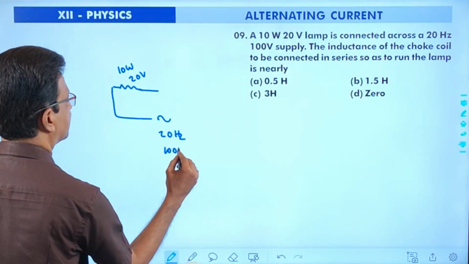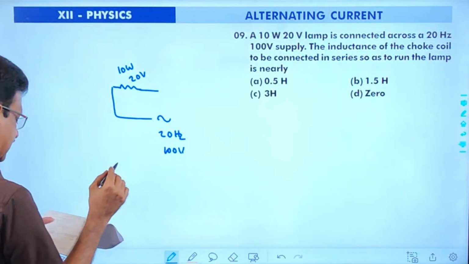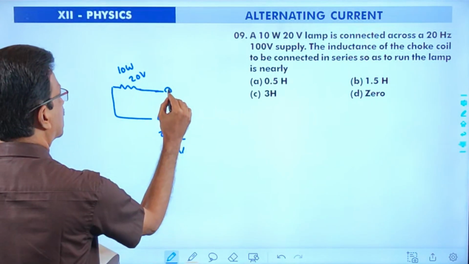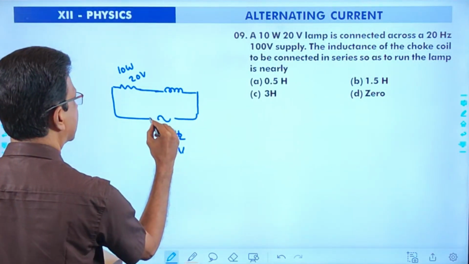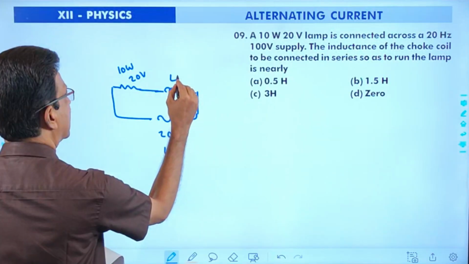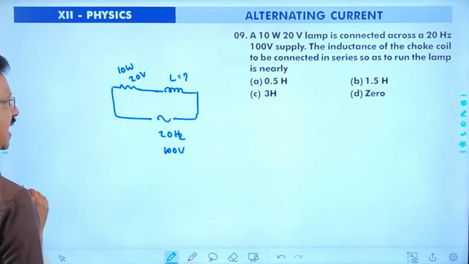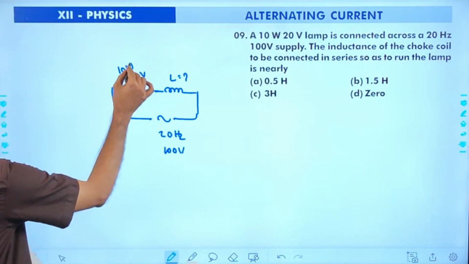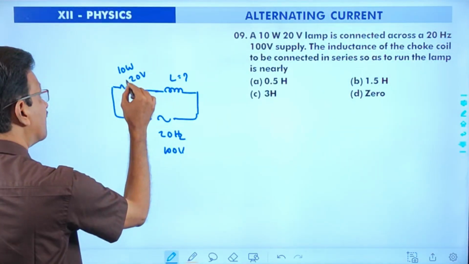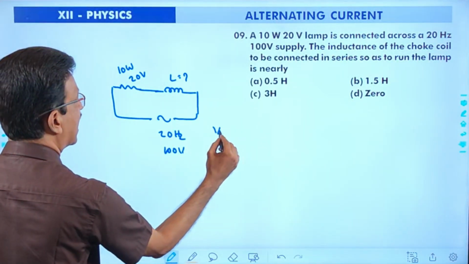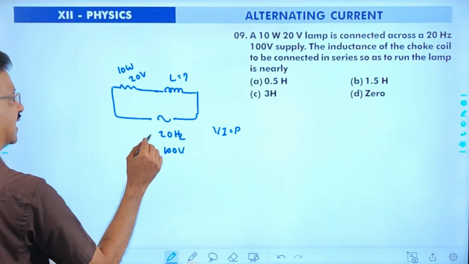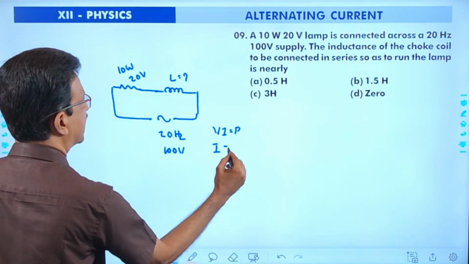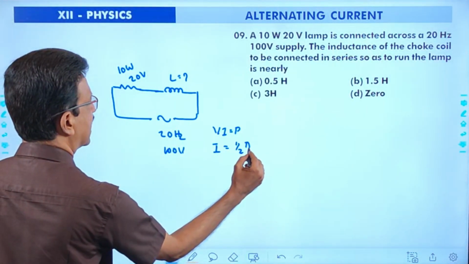Then, what is the inductance of the choke coil to be connected in series so as to run the lamp? What is the value of L to run the lamp? This is the question. From the given data of the bulb, we can use VI equal to power. With this equation, the current I is obtained as half ampere.